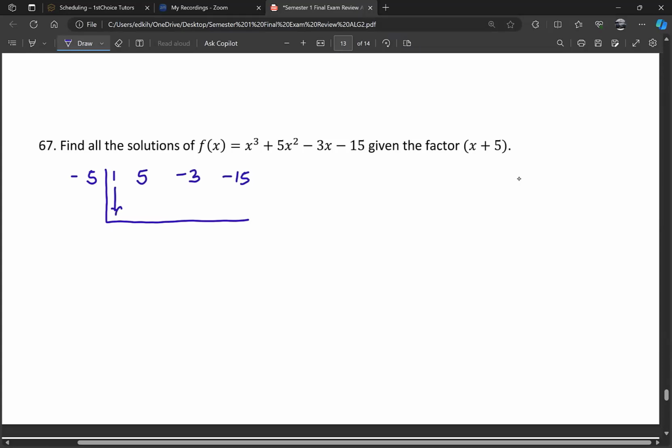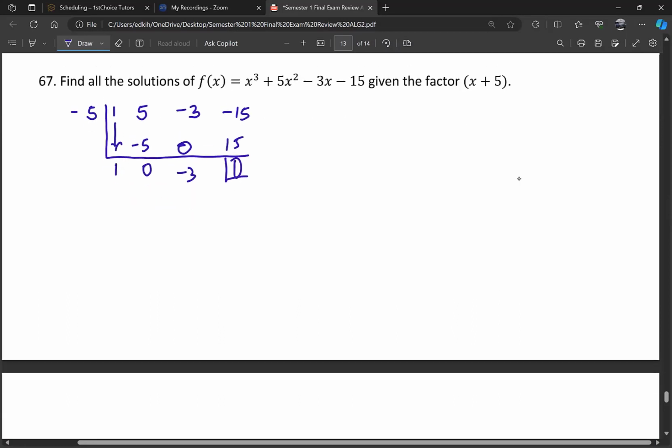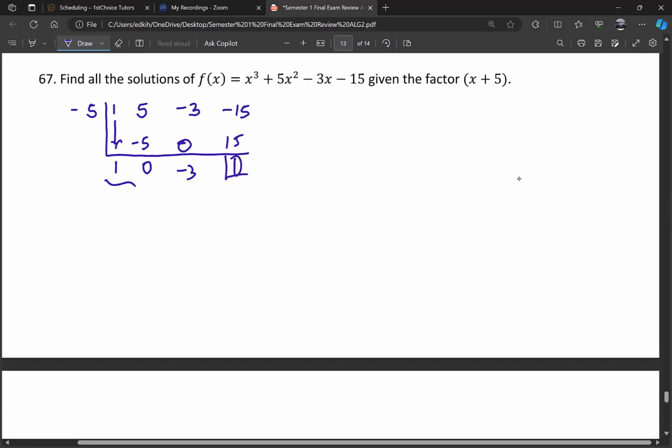Drop down the first digit. Multiply, add, multiply, add, multiply. The remainder is 0. That doesn't surprise us because we knew that this was a factor. We were given that. Now, if you want to find all the solutions, you now have a new equation here. Remember, these are your coefficients. So this is now x squared plus 0x minus 3 that you need to solve for.